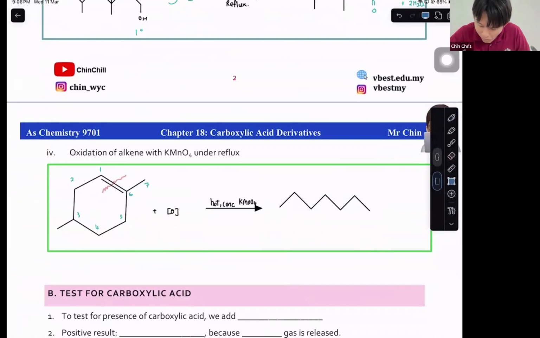Your favorite number, right? 1, 2, 3, 4, 5, 6, 7. That's it. Alright guys, the first carbon, what's going to turn into? You see this C1, right, is bonded to 1C, 1H. If it's 1C and 1H, it's definitely going to turn into a carboxylic acid, yeah.